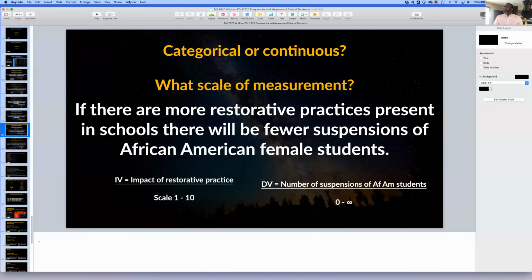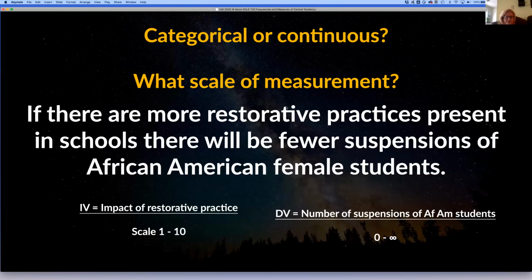So what's the independent variable here? Restorative practices present. Yep. Having an impact on what? Suspensions of African American females. That's right. Now, we have a scale here.